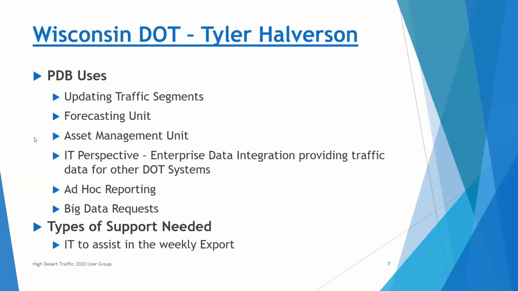But we use it for updating our different traffic segment data. We also have many different units within our DOT that use the large data set, such as the forecasting unit. They take a large copy of our JPDB stat and then use that data within an application they just developed for their different forecasting projects, and then asset management, very similar to the forecasting unit, uses that large data set for their goals.